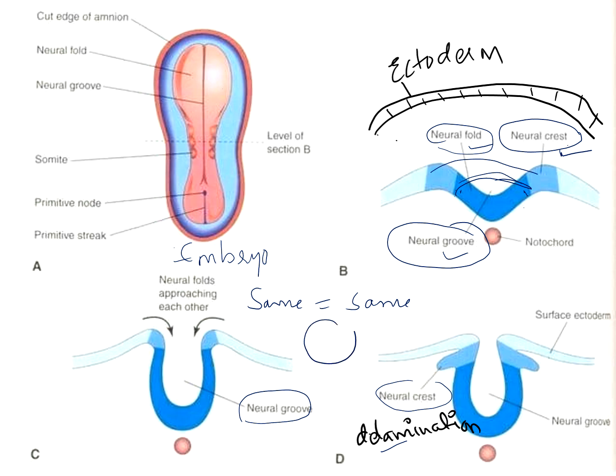This is a circular structure. You can see the neural folds approaching each other. They will come closer in contact, forming a round structure, and it is now called the neural tube.